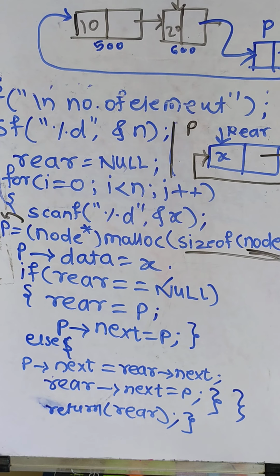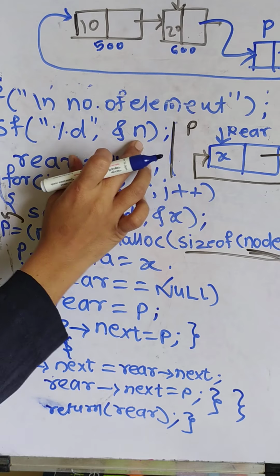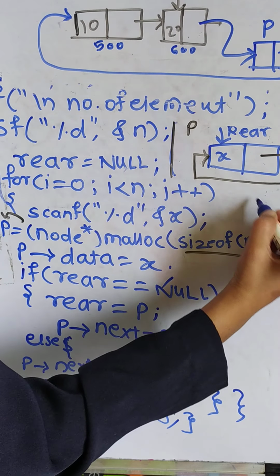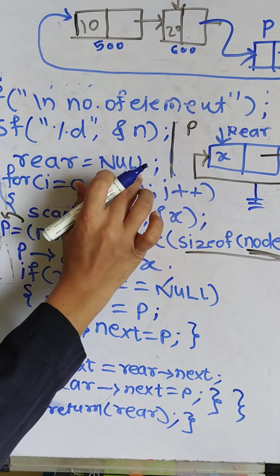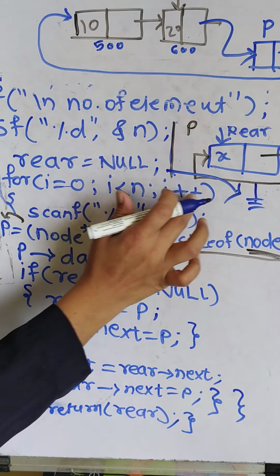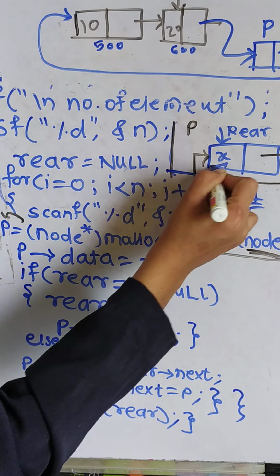See, I am repeating one more time. Take the pointer rear and pointer p. Then the number of elements: suppose I want 4 elements or 3 elements, take it here. Initially rear equals NULL. for i equals 0, i less than n, i plus plus, scanf to take data x.